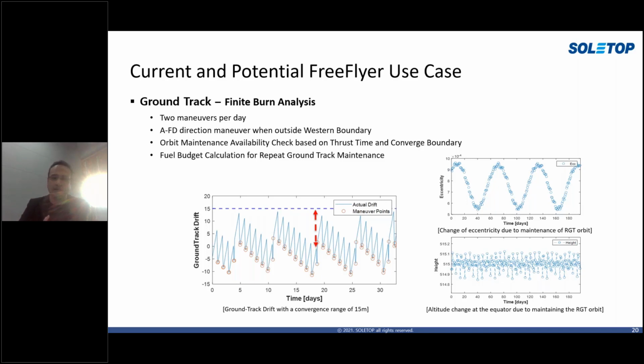Finite burn analysis: like any other country now, maneuvering is one of the most important concepts in Korea, and the team here has been studying this concept for a long time, and several different concepts were developed, making sure the two-maneuvers-per-day concept is being analyzed, using different concepts that we have.